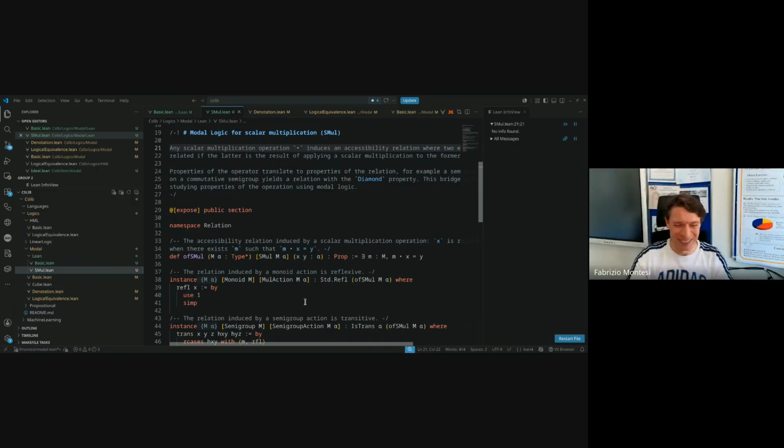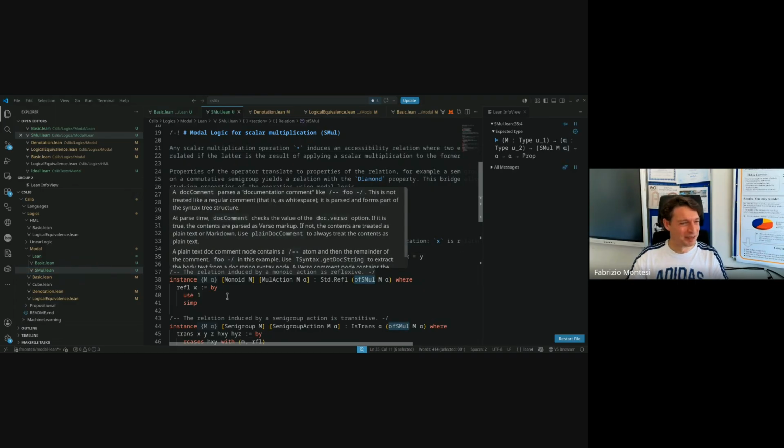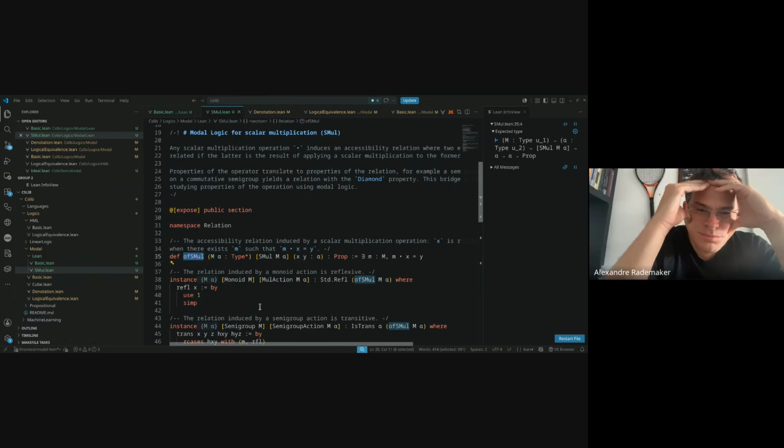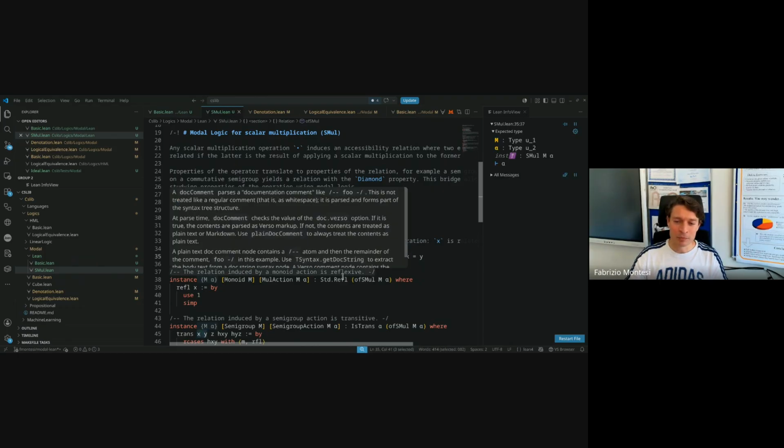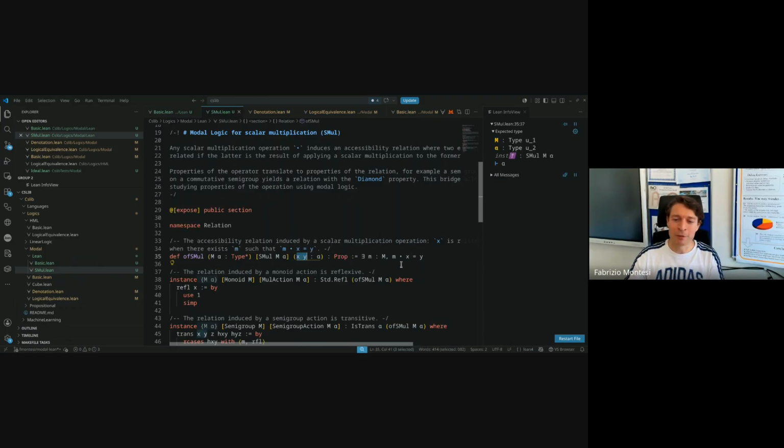Now it gets weird. Given any type with a scalar multiplication, in Lean's SMul, I can define an accessibility relation whereby x is related to y, or from x you can go to y, if there exists some factor that you can use to multiply x and get y.